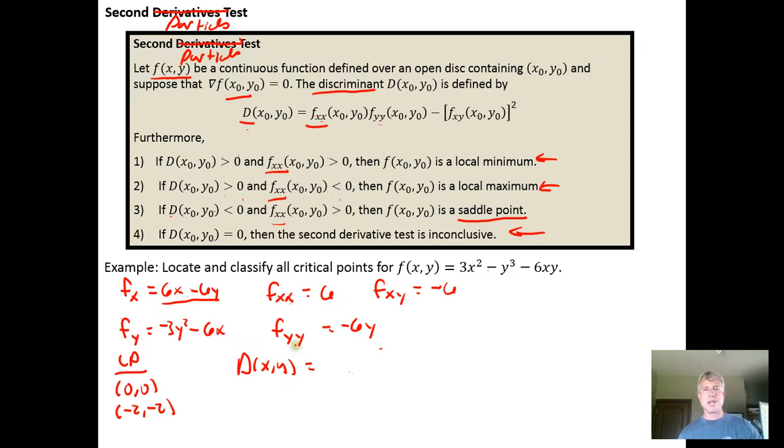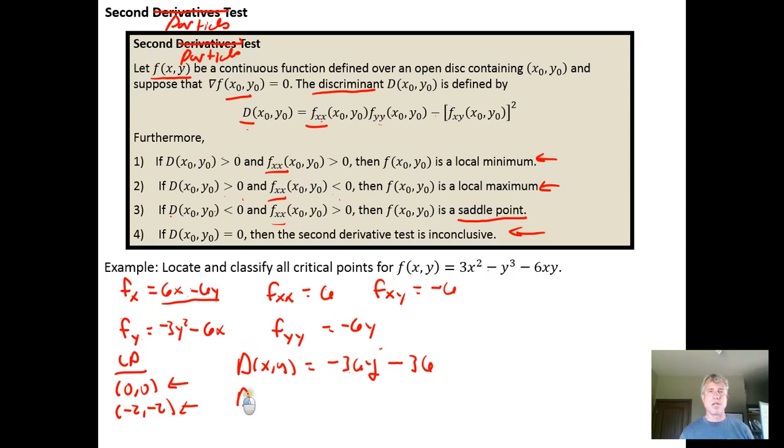So f sub xx times f sub yy, we get 6 times -6y is -36y, and then it's minus the square of the mixed partial. So when we square -6, we get 36. So here's our discriminant. And then what we do is use the discriminant to test our critical points.